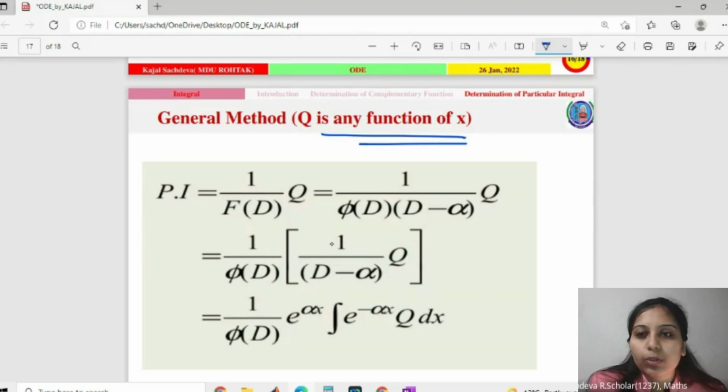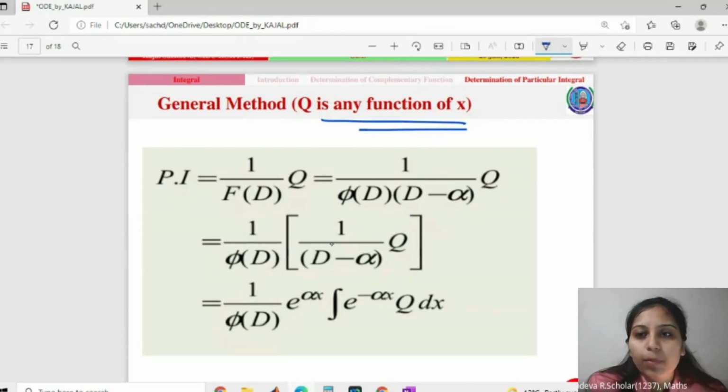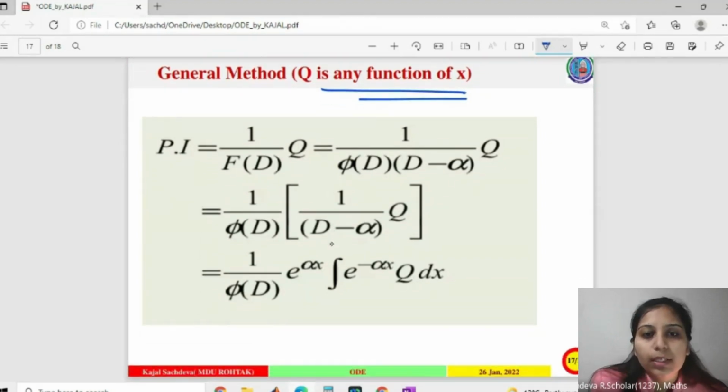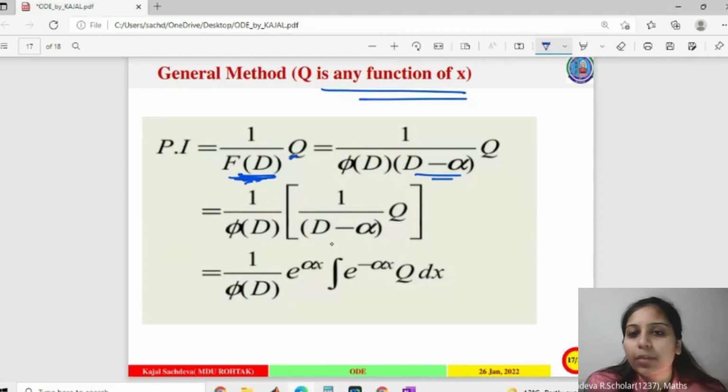So we can skip that formula, but for knowledge, you can learn 1/f(D) into Q. In this case, we factorize f(D). As we know the roots m1, m2, m3, we can write (D − m1)(D − m2)(D − m3).